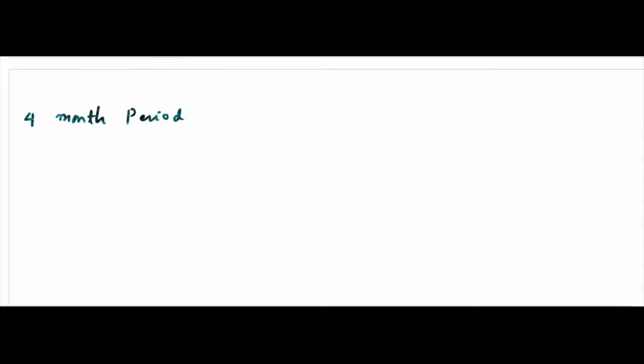Something which repeats every 4 months, suppose I write it this way. It's not exactly like 10, 20, 30, but let me write 10, 20, 30. 4 months, 4 into 3 is 12, then 10, 20, 30, 10, 20, 30. That way you get it.